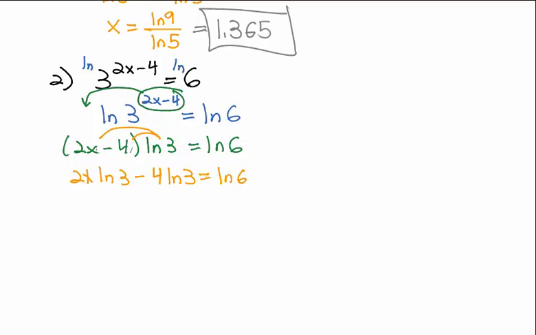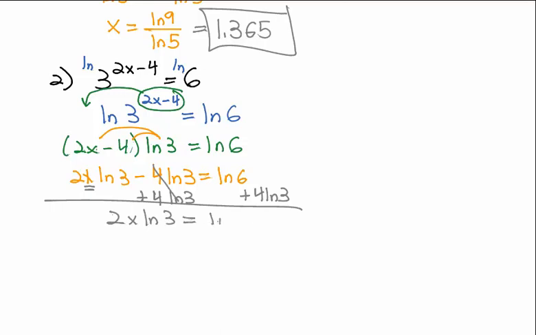Thinking back to Unit 1 when we were solving our formulas for a variable, we're solving for x. We want to get everything without an x on the other side. So we'll add 4 natural log of 3 to both sides. 2x natural log of 3 equals the natural log of 6 plus 4 natural log of 3.